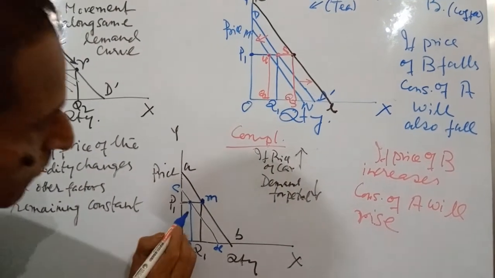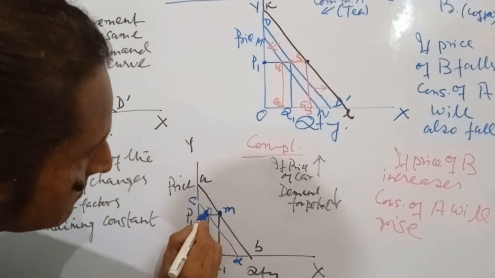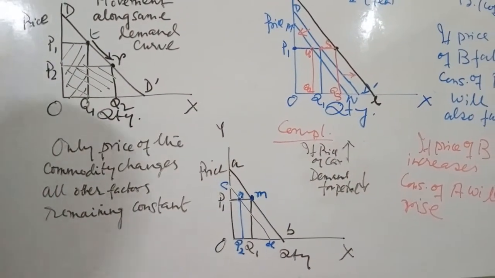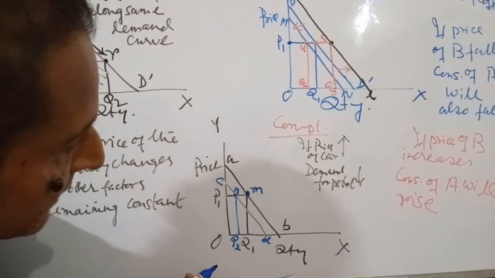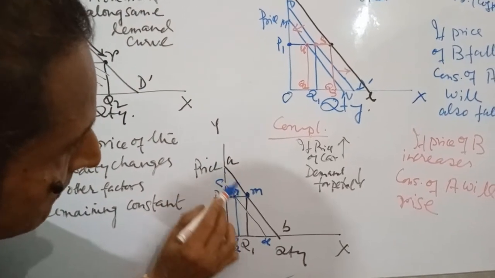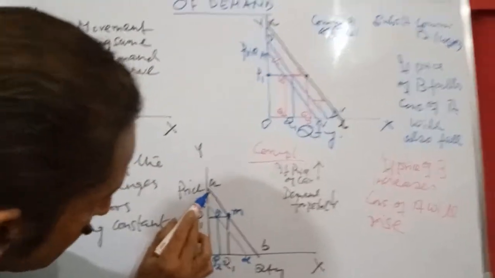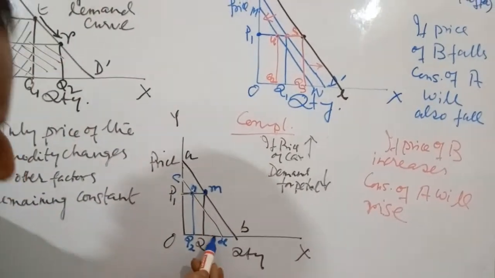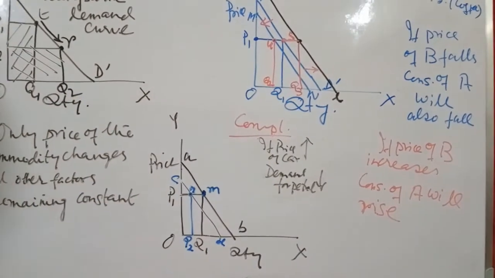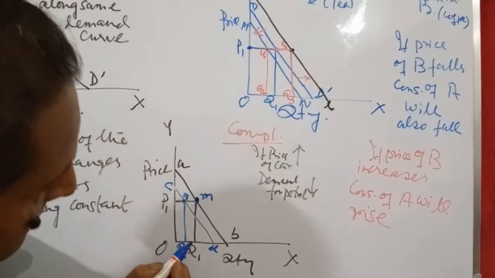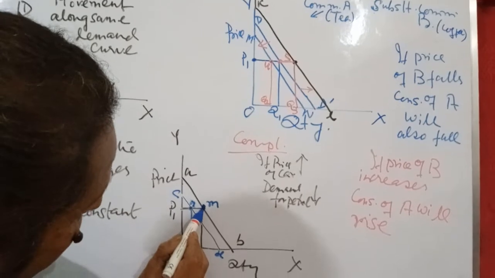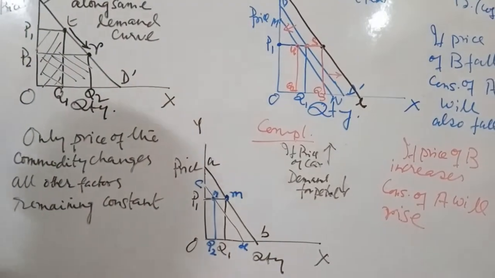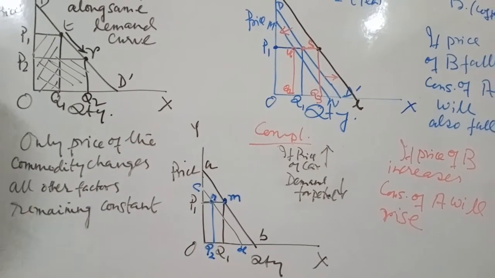Say this is point N. So you see, the demand curve is shifting from AB to CD, that is leftward parallelly, and the movement happens from M to point N in between different demand curves. Correct?